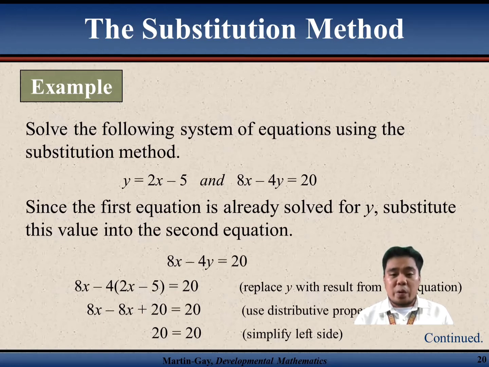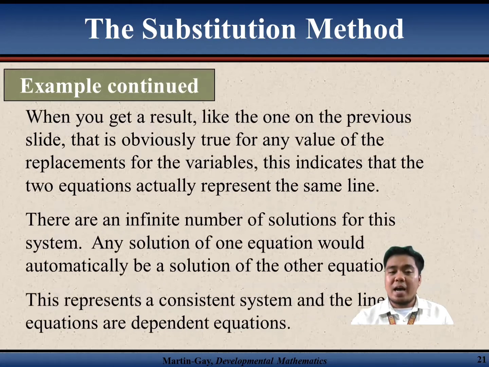So as you observe, the variable x is being eliminated, and what is left is 20 is equal to 20. So if this happens, you will make a conclusion that the two equations represent the same line and they have an infinite number of solutions.